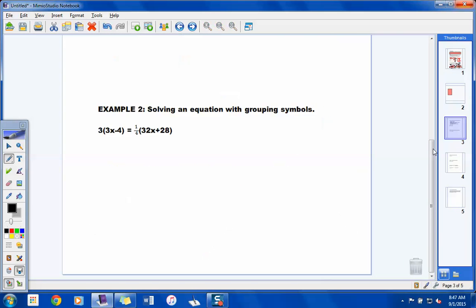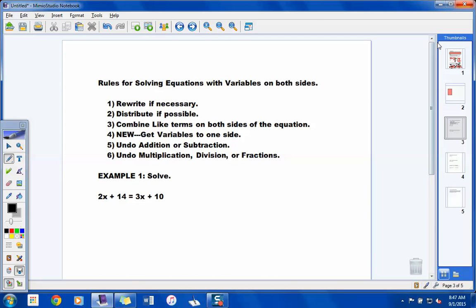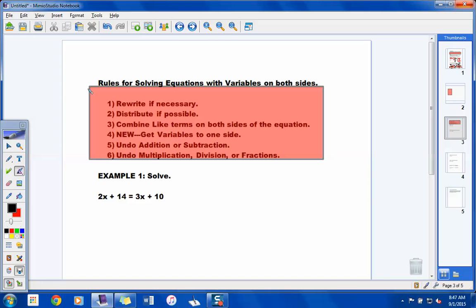Guys, rules to solving equations with variables on both sides. Hey, this is a pretty important menu. Doesn't that menu look pretty similar to what we had in the notes, section 1.2 in terms of solving equations? Okay.